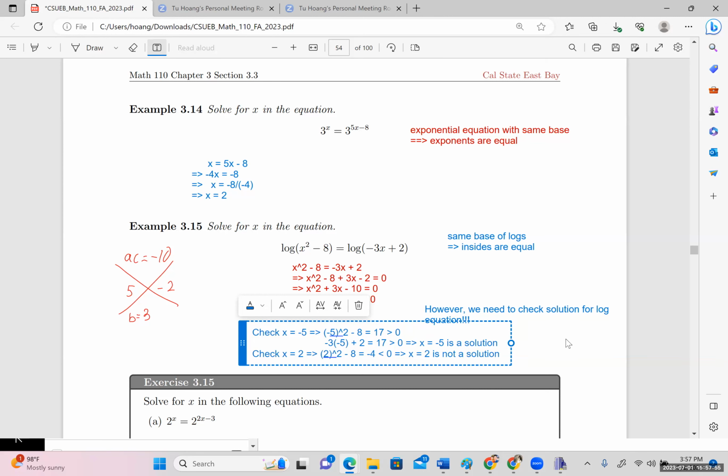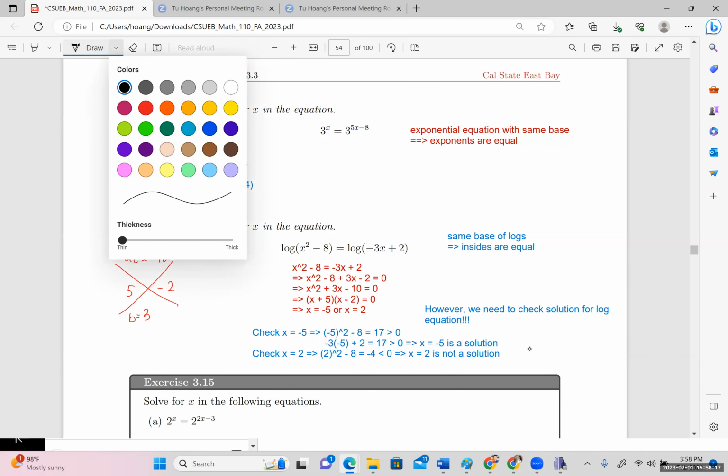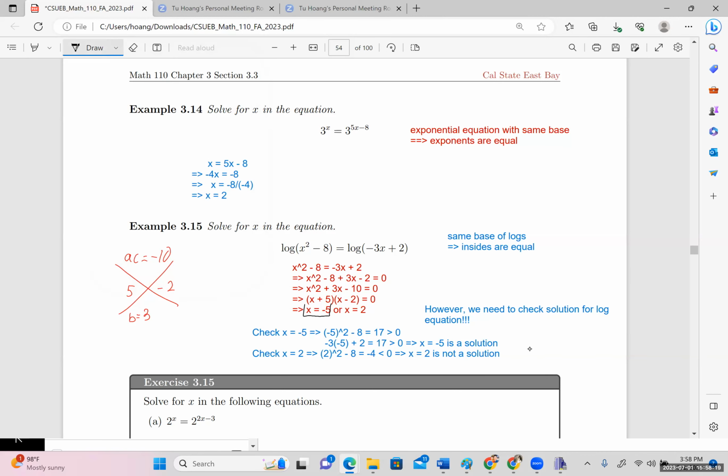Okay? It makes the inside of the log less than 0. That's going to make it not a solution. So there's only one solution in here that is valid, x equals -5. Okay.